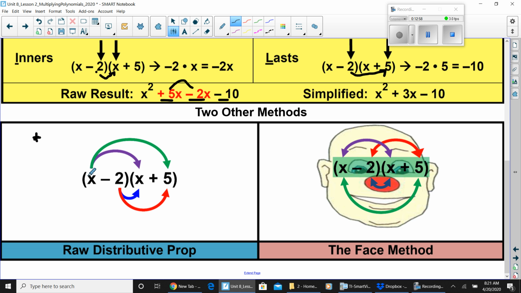So you have x times x, right? That's the first thing I do, and that's the x squared. Then I do x times 5, because I have to distribute this x. Think about this x being distributed to this x. This x now has to be distributed to the 5, and you have 5x.